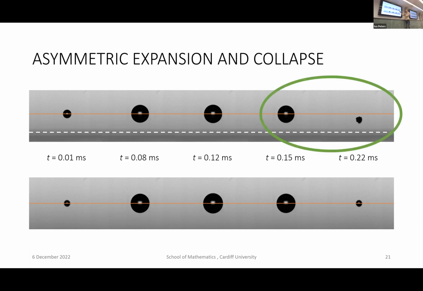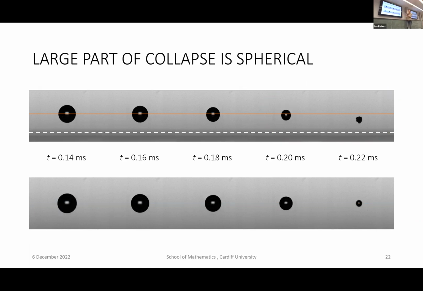If we zoom in into this bit, you can see that even there, a large part of this collapse is actually fairly symmetric. Only in the last 0.02 to 0.04 milliseconds, you clearly start to see an asymmetry.